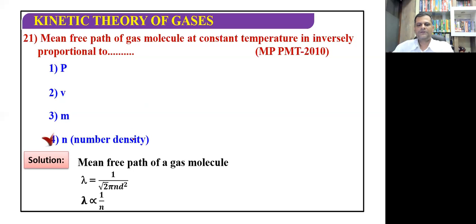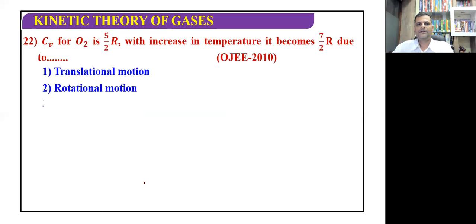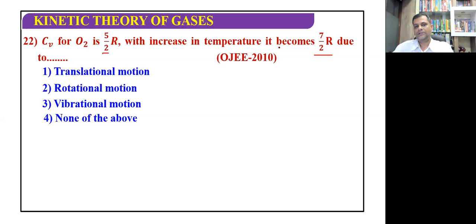The mean free path equation itself tells us that it is inversely proportional to the number density. Cv for O2 is 5 by 2 R. Okay, with increase in the temperature it becomes 7 by 2 R due to, yes, ये देखो यहाँ पे ये conceptual question है, जो मोलर स्पेसिफिक हीट एट कांस्टेंट प्रेशर ऑक्सीजन के लिए कितना होता है, 5 by 2 R के बराबर होता है, क्योंकि ऑक्सीजन जो है वो डायटोमिक तो है but it is not vibrating at that temperature.